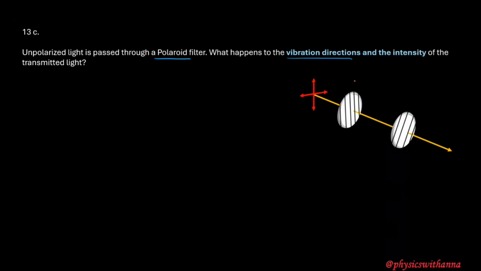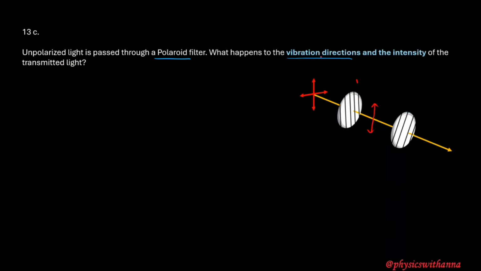So let's say I have polarizer 1 here and its pass axis is vertically aligned. When an unpolarized light passes through polarizer 1, only vertical vibrations are allowed to pass through. All of the horizontal vibrations are blocked. So this light now becomes plane polarized. Plane polarized means it has vibrations only in one plane or only in one direction.